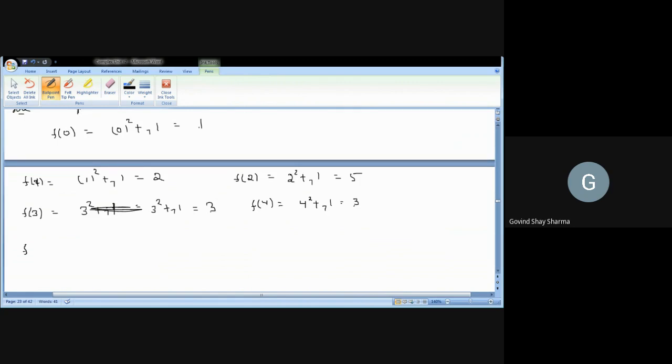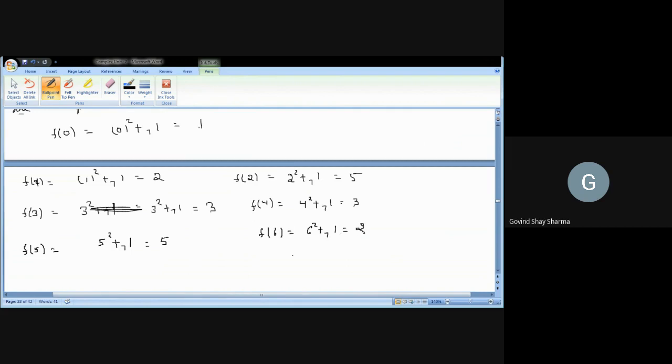F5 is equal to 5 square plus 1, so we get 5. F6 is equal to 6 square plus 1, we get 2.